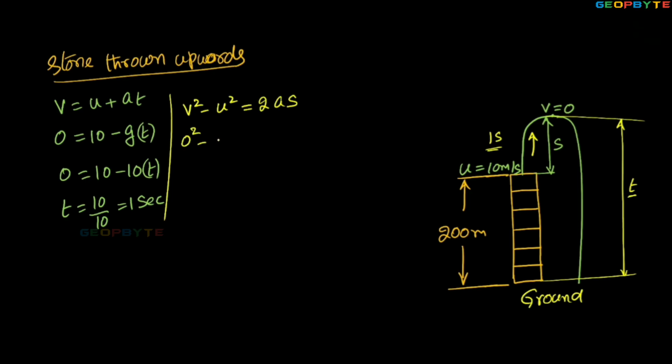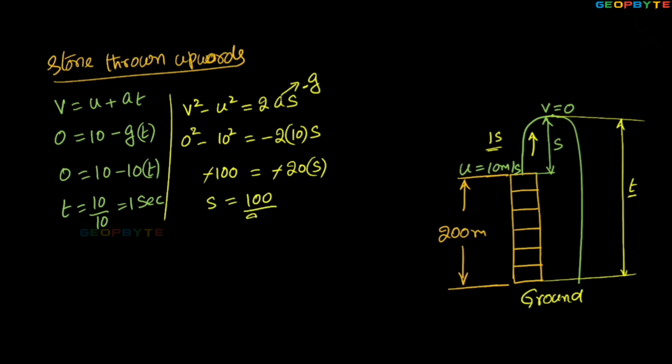So 0 square minus u square, u is 10, so 10 square equal to minus 2, because in place of a I need to take g. Actually minus g, because gravity acts vertically downwards. g value 10, minus 2g into s. So minus 100 is equal to minus 20 into s. Therefore the negative sign is cancelled. s equal to 100 divided by 20, which is 5 meters. So this distance is equal to 5 meters.